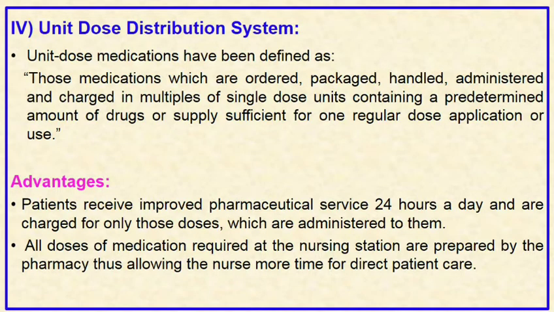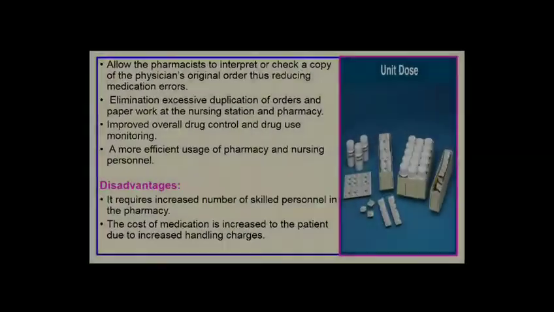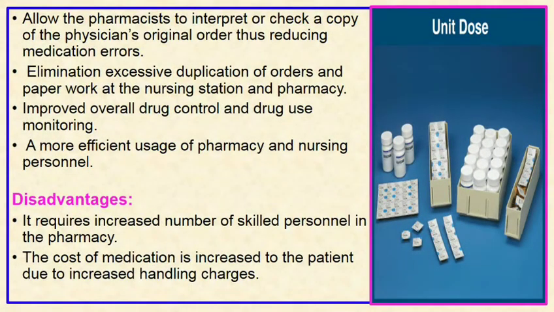All doses of medication required at the nursing station are prepared by the pharmacy, thus allowing the nurse more time for direct patient care. This system allows the pharmacist to interpret or check a copy of the physician's original order, thus reducing medication errors.